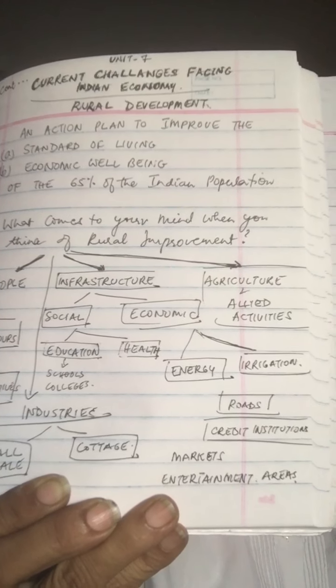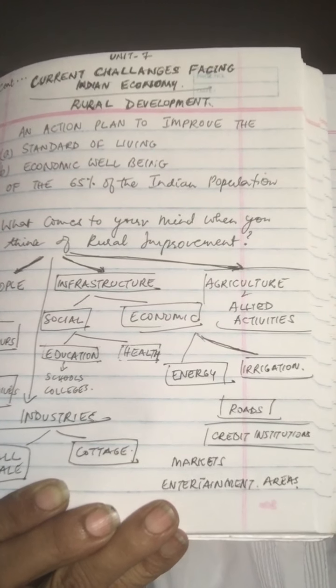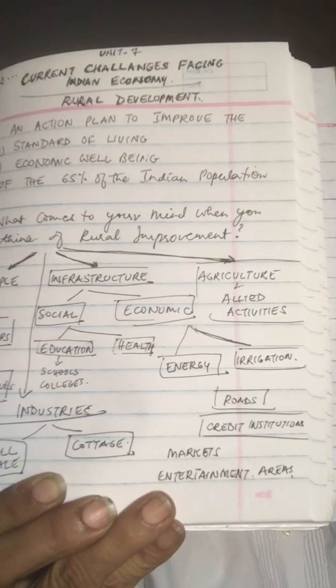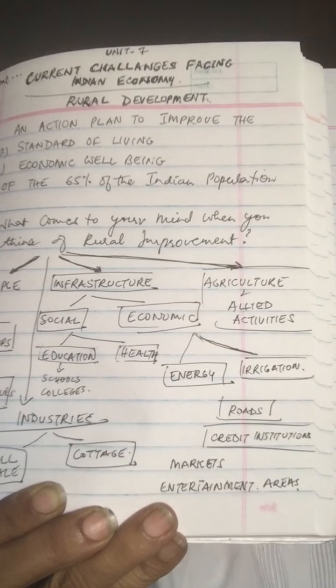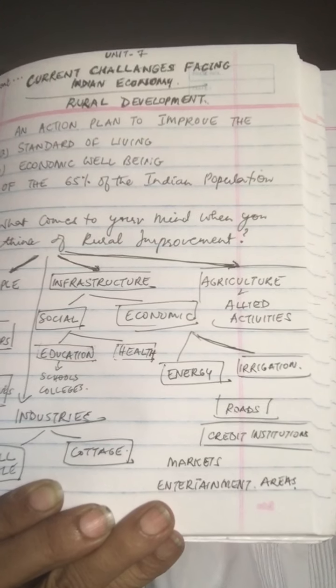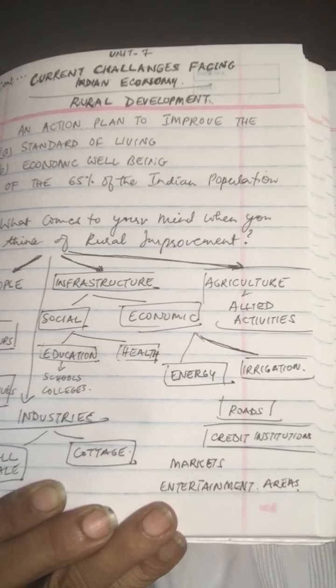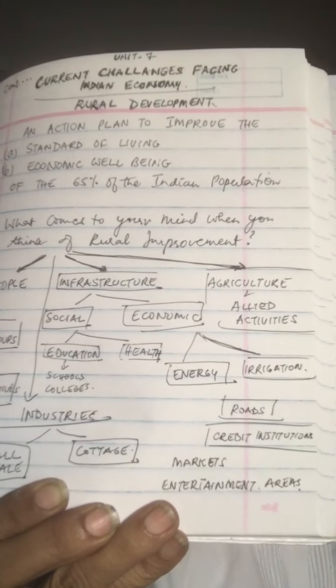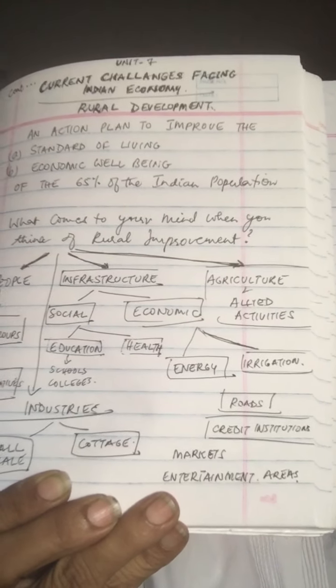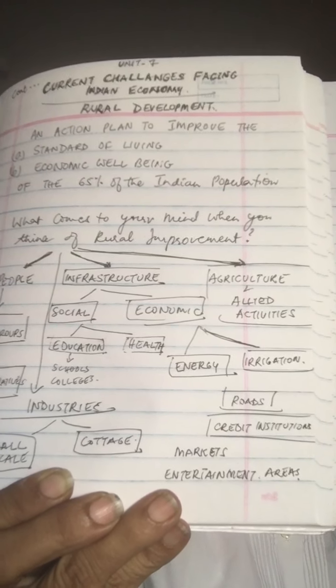So how to go about cooperative farming, and raising productivity, also giving them credit through banks or other institutions, making available marketing facilities to them, and then helping the weaker sections in the rural areas.